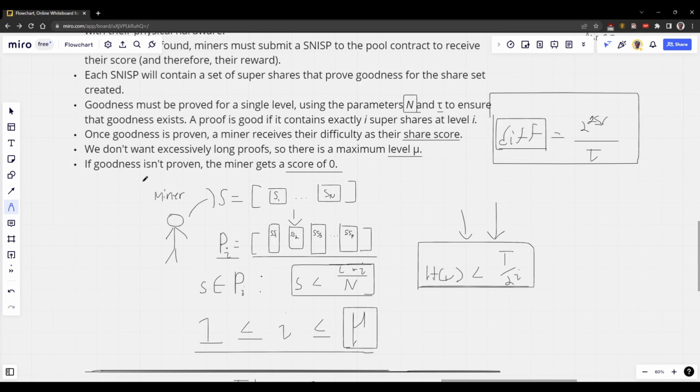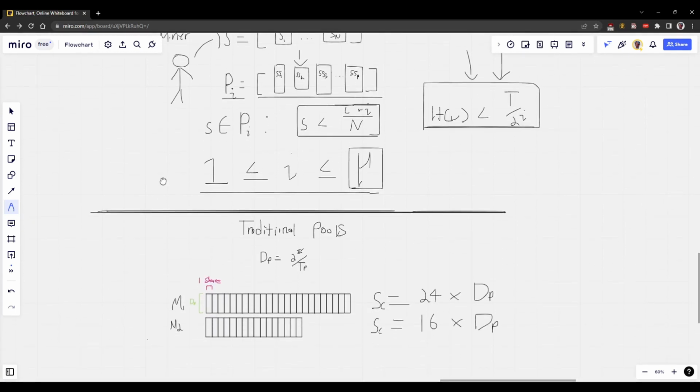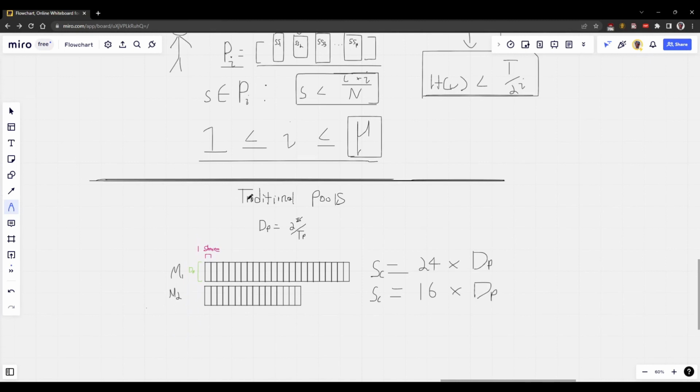Now, as I said, this is a very mathematical representation, so let's look at more of a visual representation to see how this works out. So this is how a traditional mining pool works. You can see that DFP is just the difficulty representation of TFP.